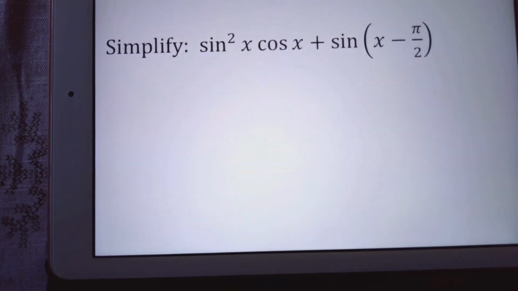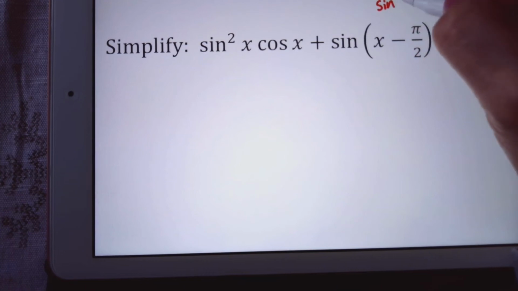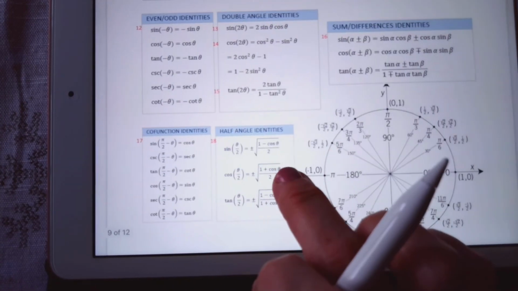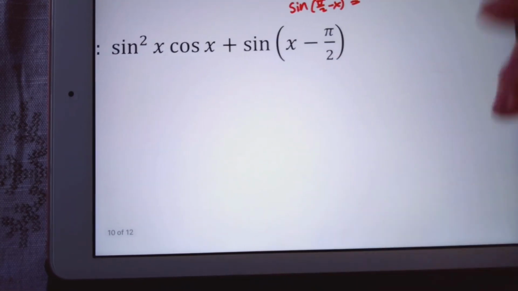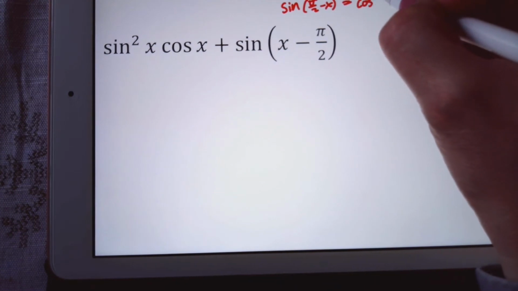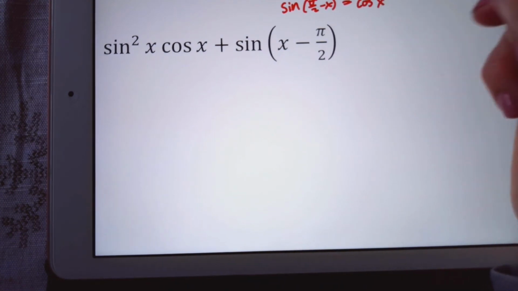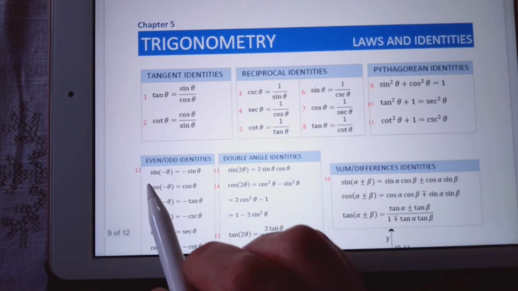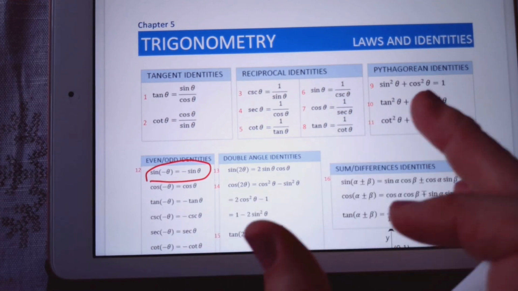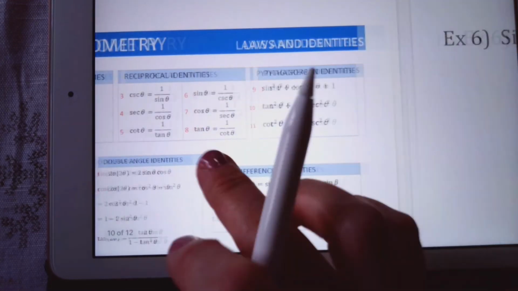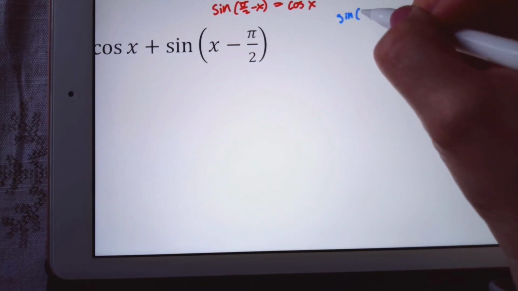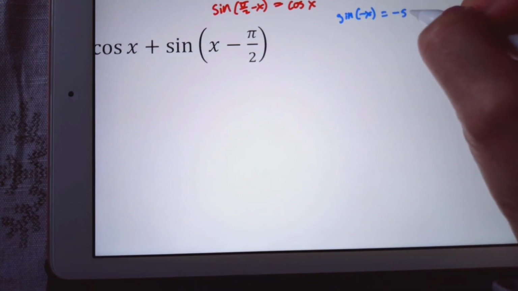The identity says that sine of pi over 2 minus x is equal to cosine x. And one other identity we're going to be using here is sine of negative x is equal to negative sine x.